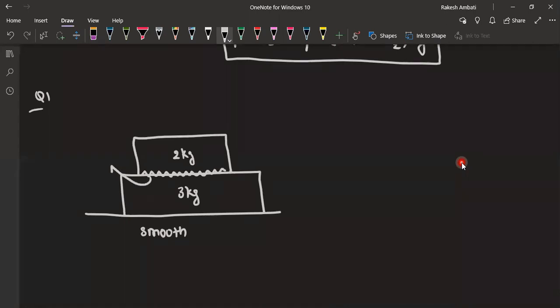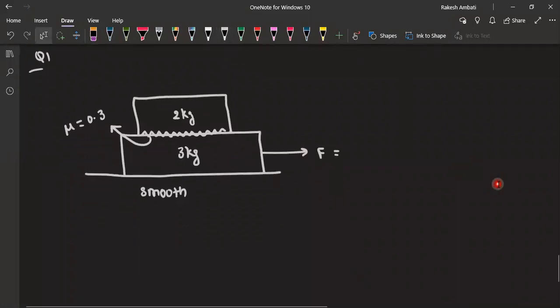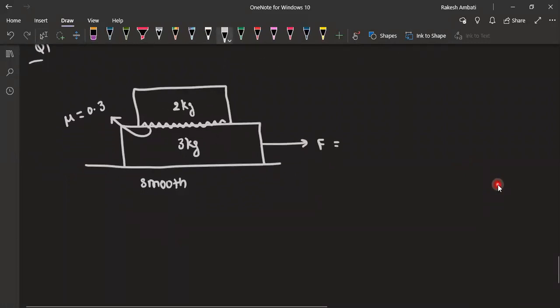For this rough surface, mu is given, coefficient of friction 0.3, and here the applied force. Okay, let us do some questions. In the first part of the question, I'm taking applied force equal to 5 Newton.